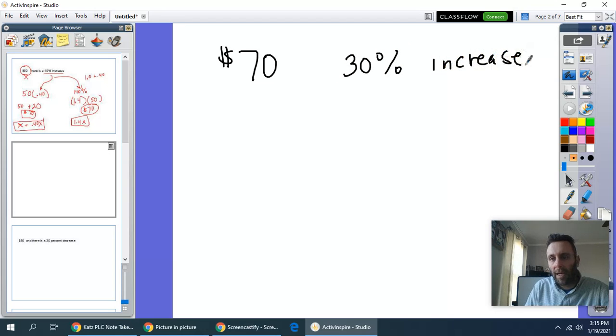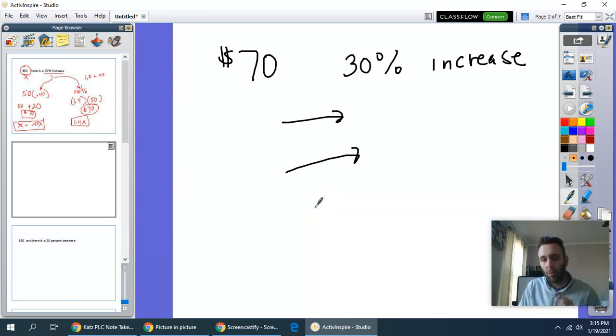Go ahead and get us the answer. And then also, I'm going to ask you, what would be the equation? Remember, there's going to be multiple answers because there are different ways you can write the equation, but what two ways could you write the equation for this same problem in order to get an answer? In this case, I'm not using X. We're going to keep with the $70.